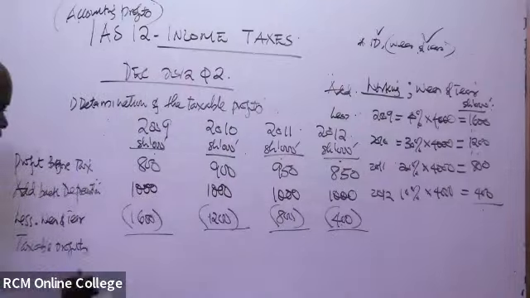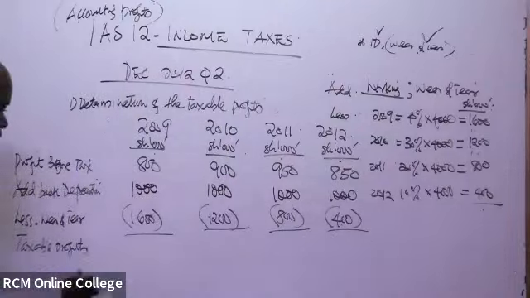The second one is how much? 700. It is 700. The third one, 1150. And the very last but not least, 1450. It's 1450.